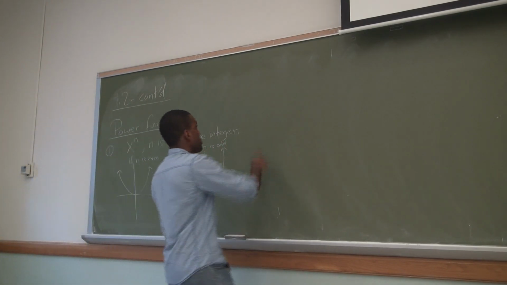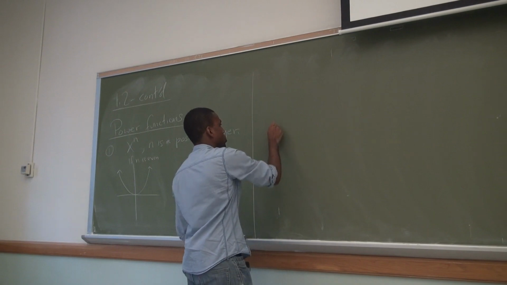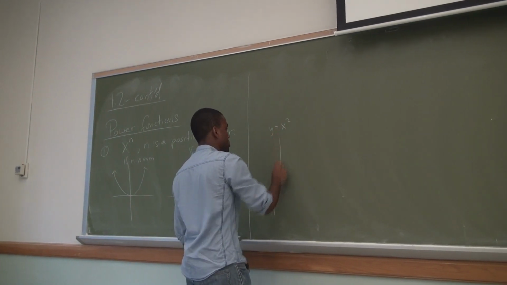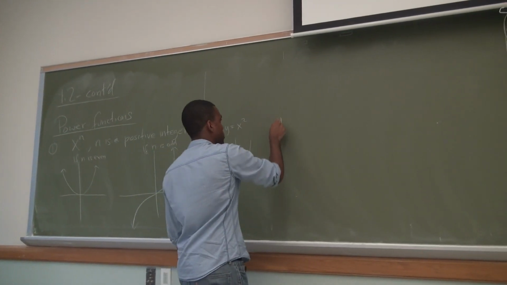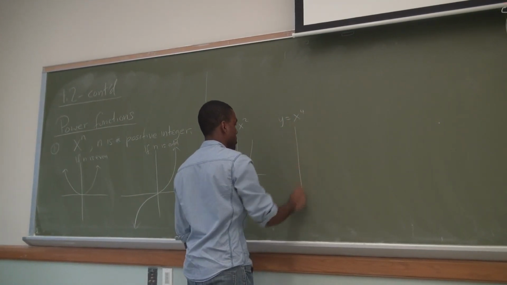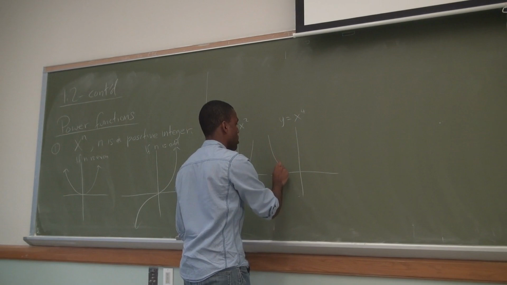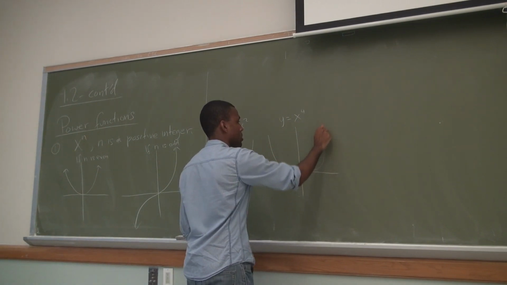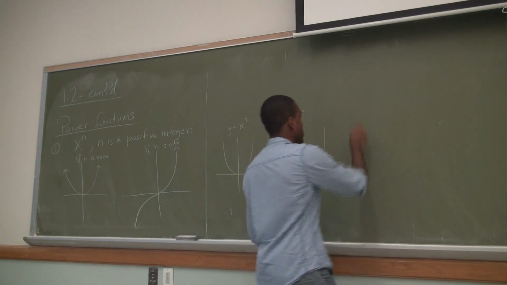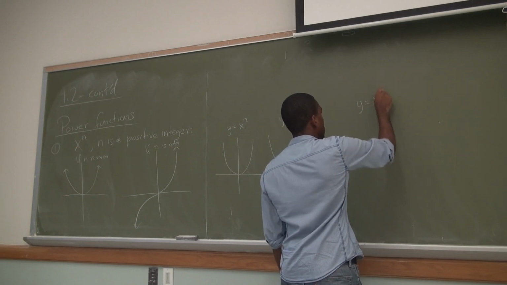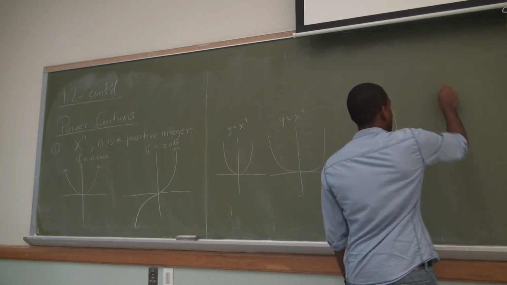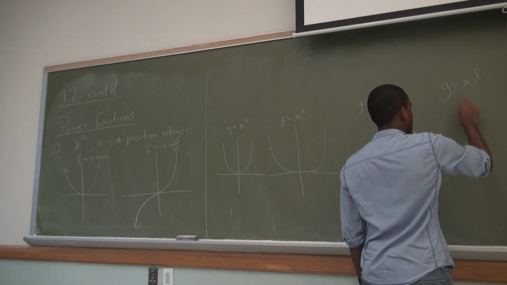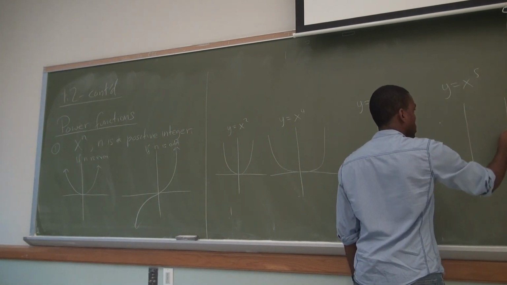Like if y equals x squared, it would look like this, while if you have y equals x to the fourth, it would look a little broader, right? Or if you have y equals x cubed, it looks like this. y equals x to the fifth looks a little broader.